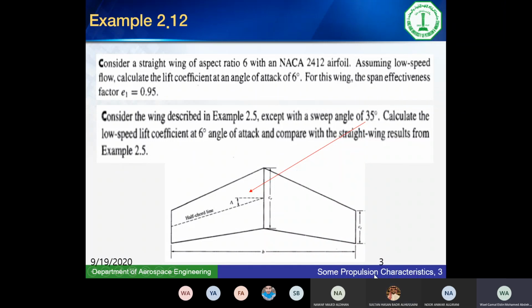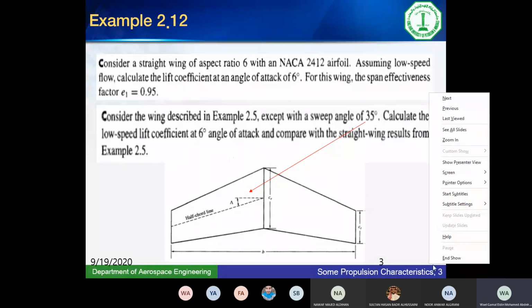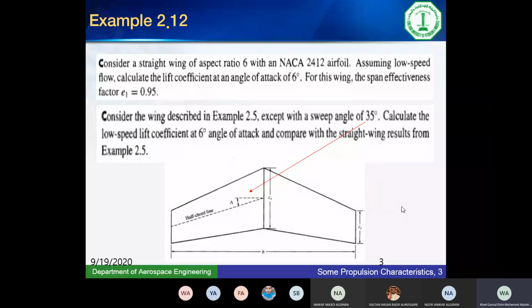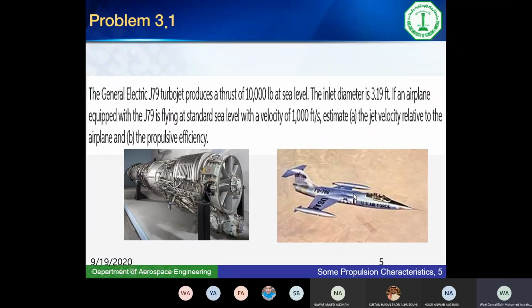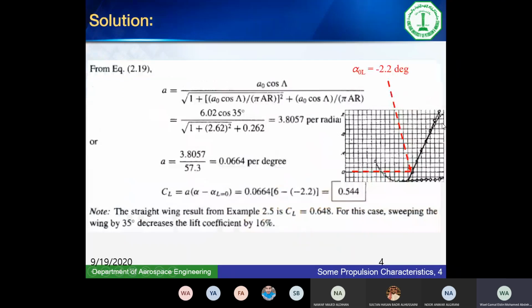Can anyone answer this question? His question is, we had a straight wing that was not swept. So why is it different from the one that we had on the graph? Why is it different from what we read at 6 degrees in here? Can anyone answer the question?